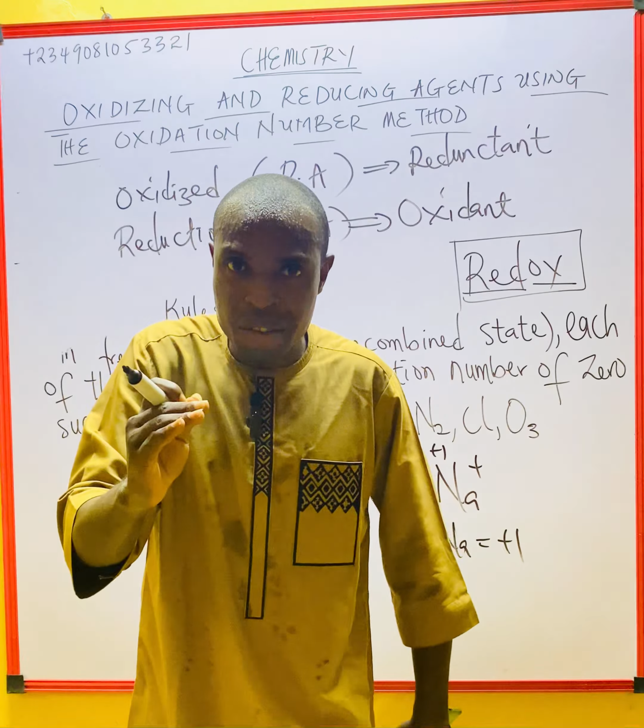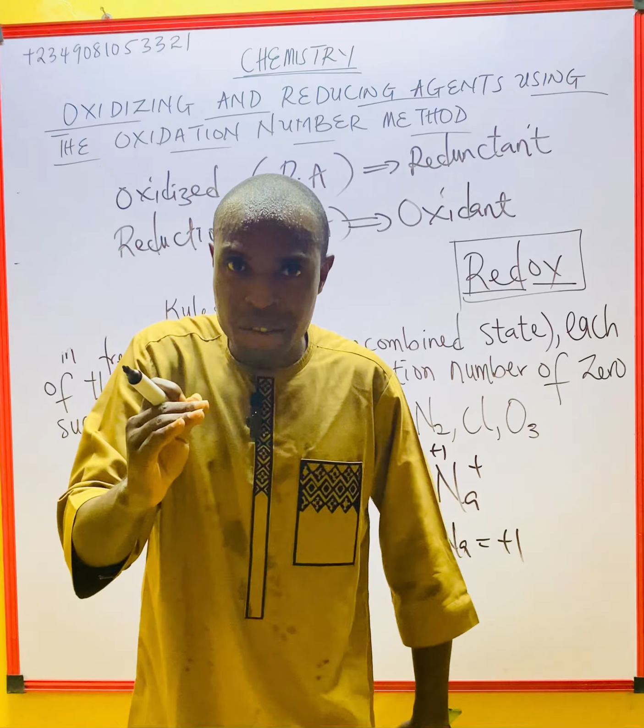Please take note, using the oxidation number method, I've told you before, elements in their uncombined form have an oxidation number of 0, meaning here is 0, and here is also 0. The charge of this one here is plus 2, and here is also plus 2.